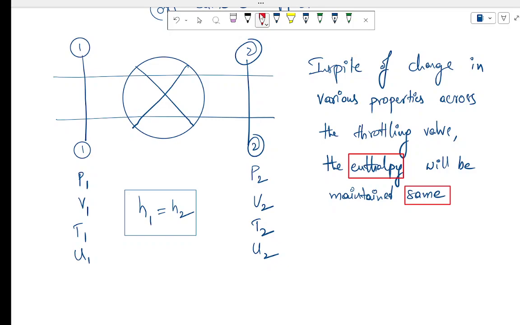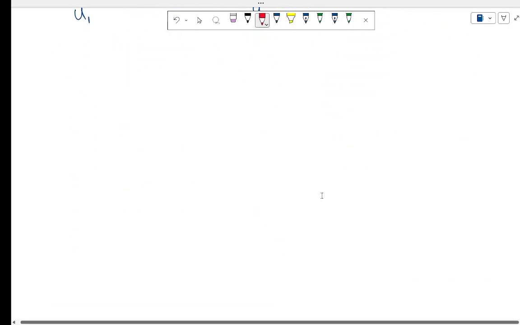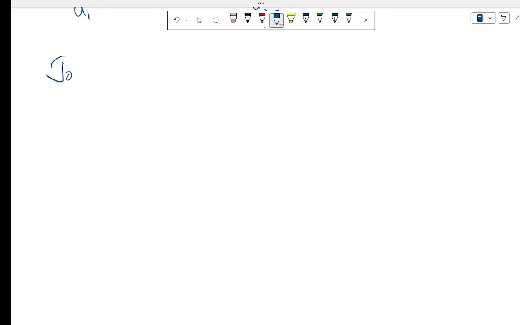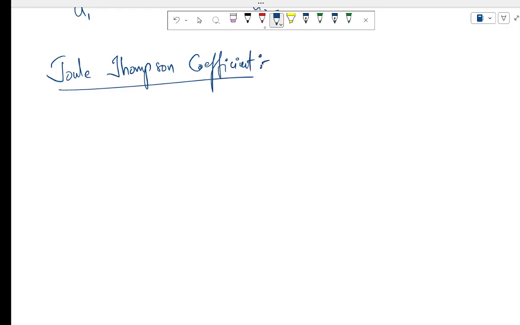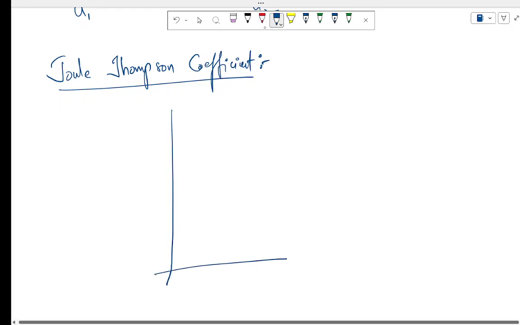Based on this concept, we will have the concept of the Joule-Thomson coefficient also. So what is this concept of the Joule-Thomson coefficient? For understanding this, we will have to take the T-P plot.